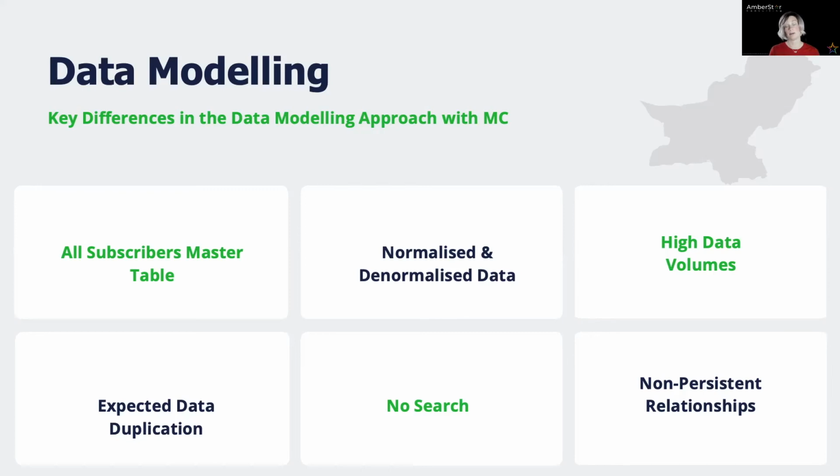Whereas within Marketing Cloud, all the data extensions are effectively individual tables, and you choose to join those in any way that you see fit using SQL queries. And therefore, you have a lot of flexibility in how you can join that data together, as long as you have at least one common field which you can join on. It gives a great deal of flexibility, which is really powerful, but it does mean that you actually need to have a greater understanding of how to write SQL queries. And therefore, that is quite a fundamental tool for admins.